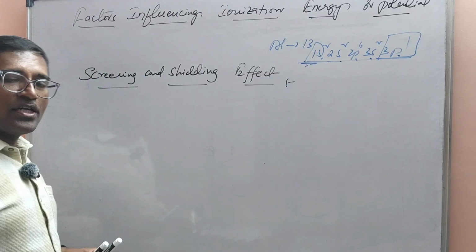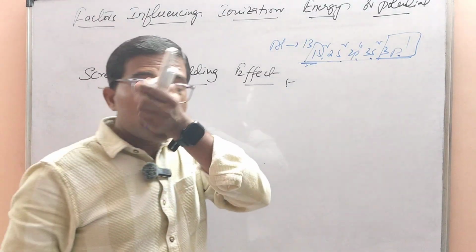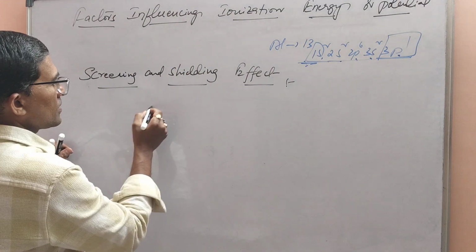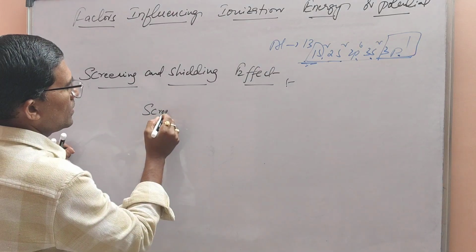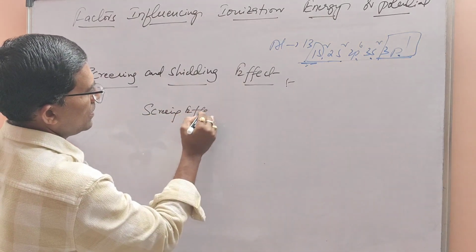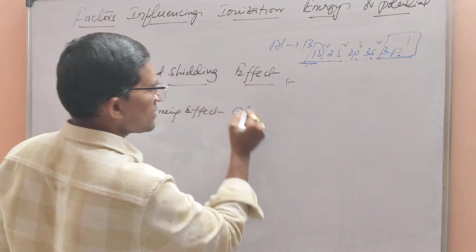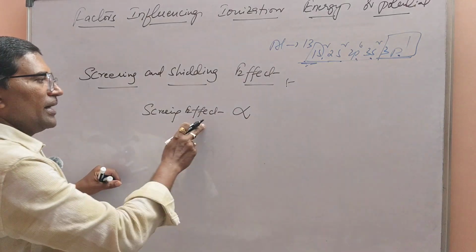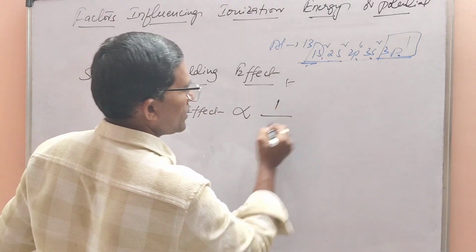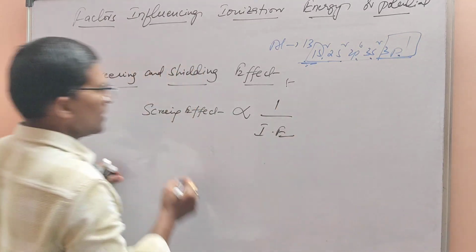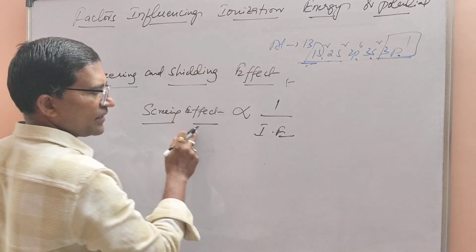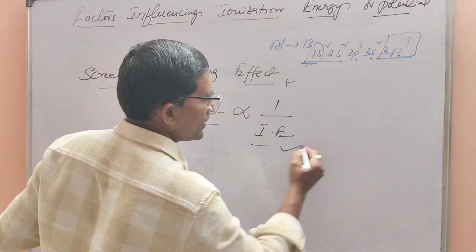As the screening and shielding effect is increasing, ionization energy decreases. Screening effect is inversely proportional to ionization energy. Means as the screening effect or shielding effect is increasing, ionization energy decreases.